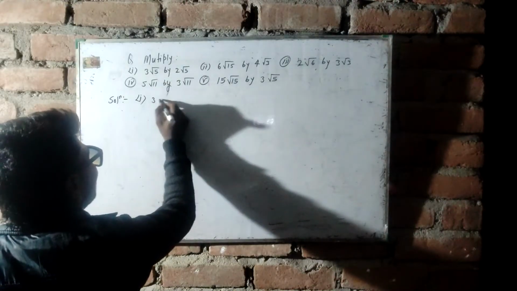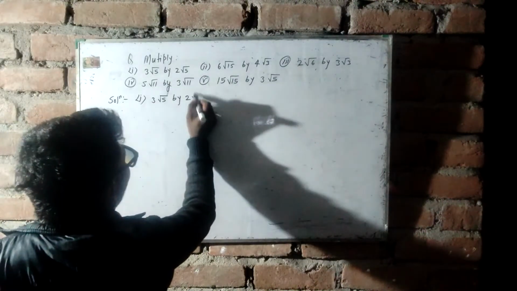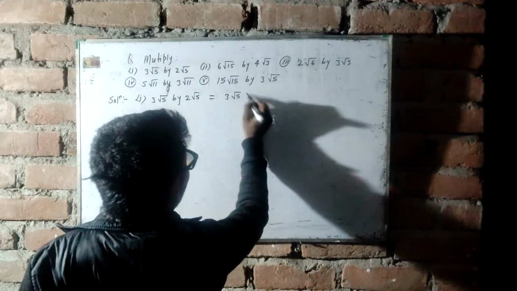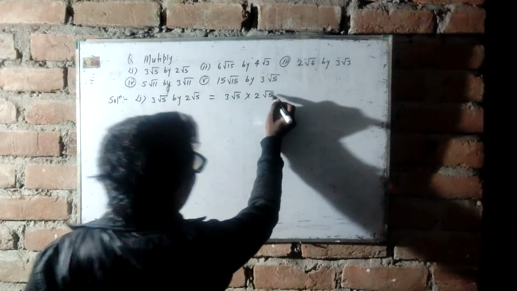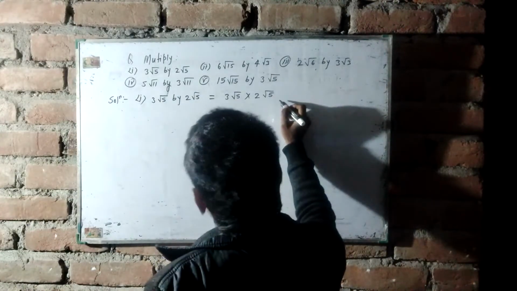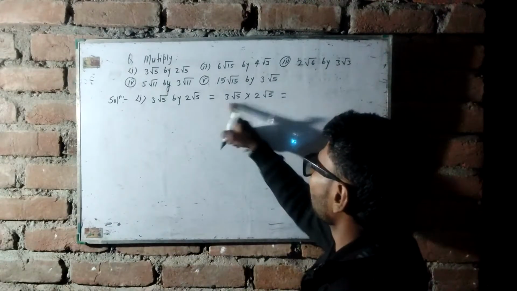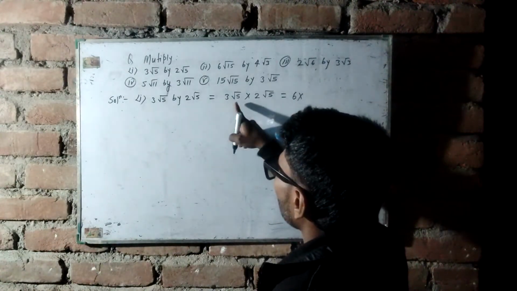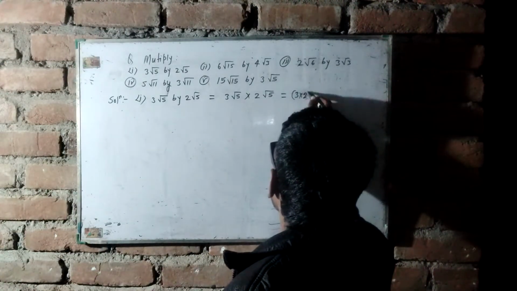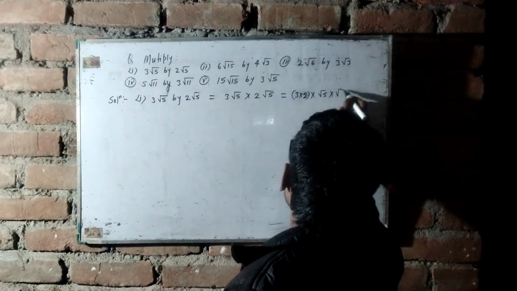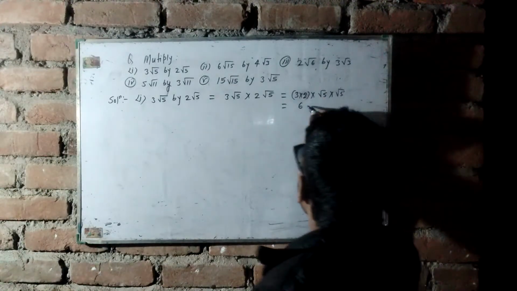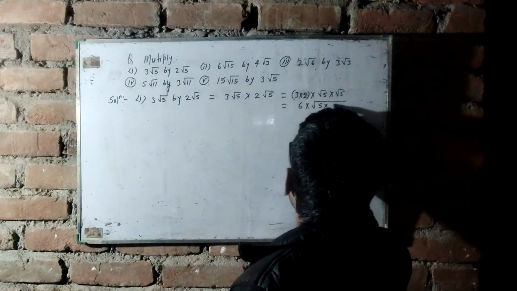Equation first. 3 under root 5 by 2 under root 5 is equal to 3 under root 5 into 2 under root 5, which is equal to 3 into 2 into under root 5 into under root 5, which is equal to 6 into under root 5 into 5.